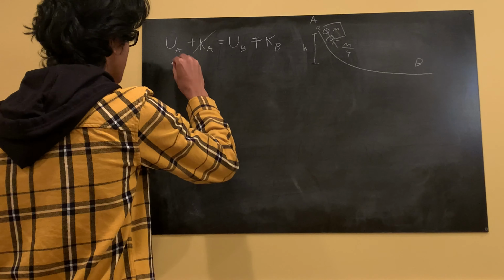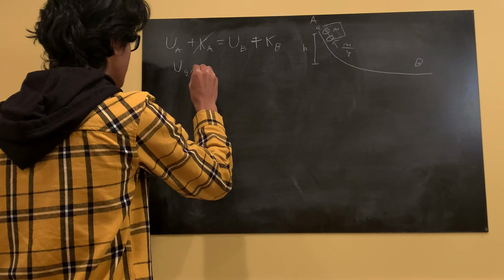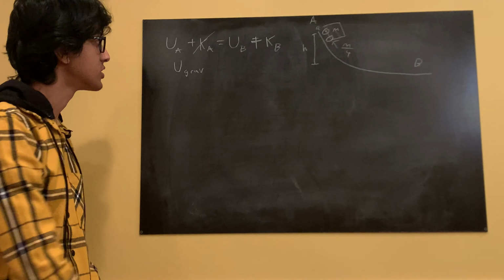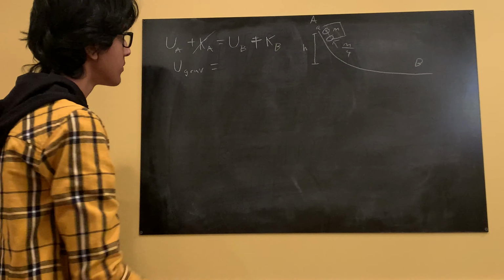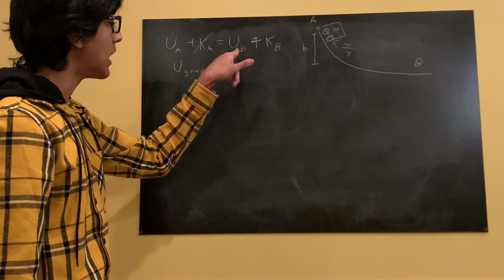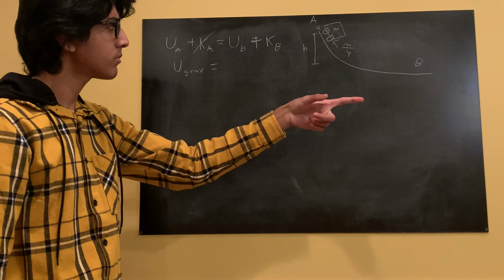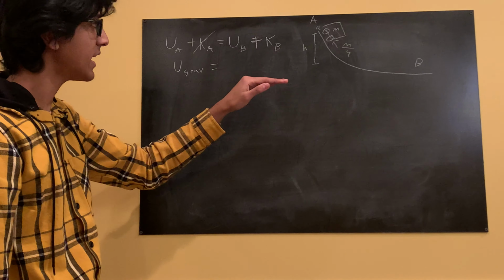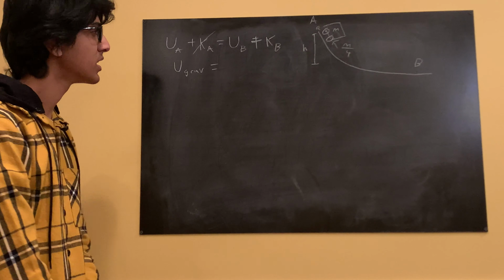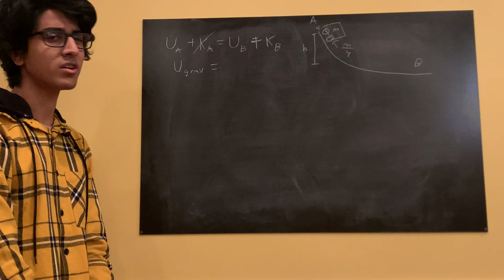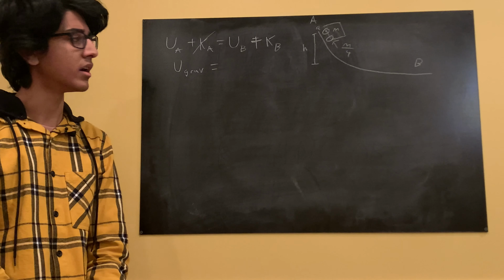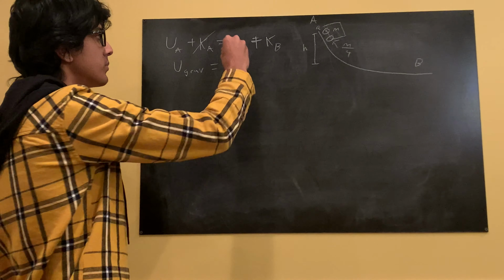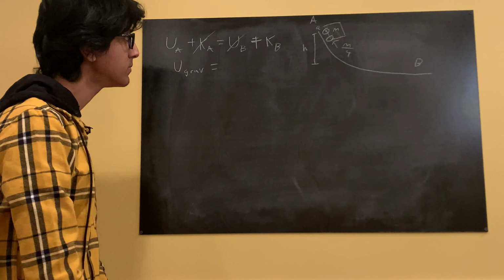So we'll do U grav, which is our gravitational potential energy, is equal to our potential energy at the bottom. We have a h equals 0 line, so we can't have gravitational potential energy. There's no springs involved, there's no elastic tension, anything of that sort, so no potential energy at the bottom.